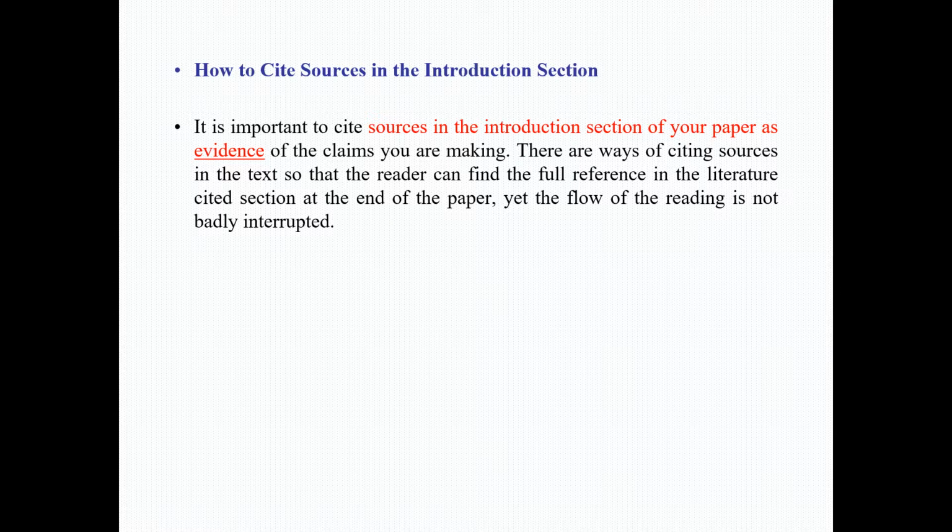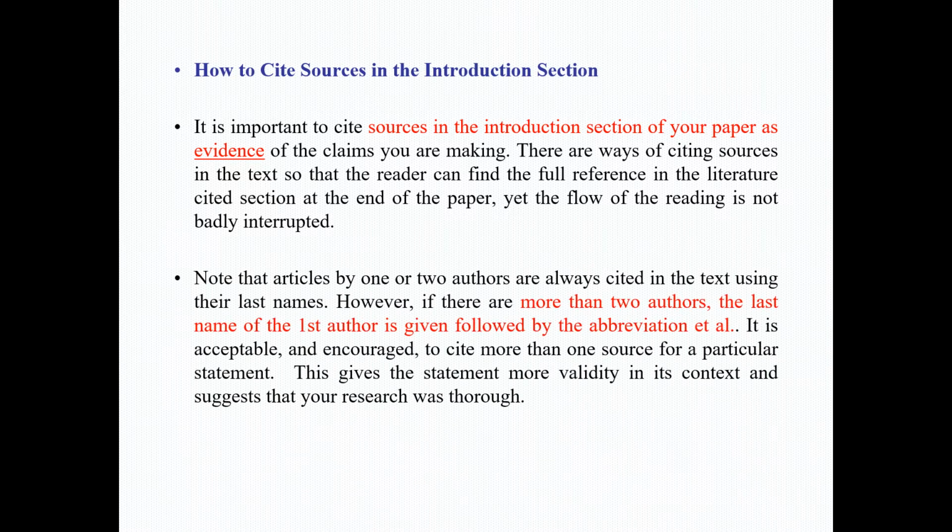Remember, there are ways of citing sources in the text so that the reader can find the full reference in the literature cited section at the end of the paper, yet the flow of the reading is not badly interrupted. Here you should note that articles by one or two authors are always cited in the text using their last names.